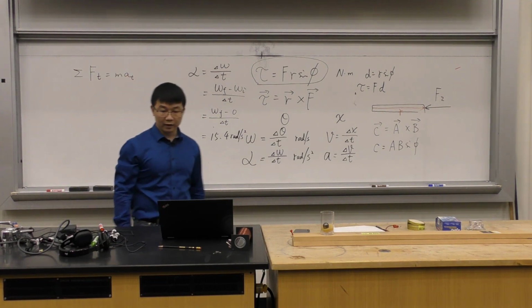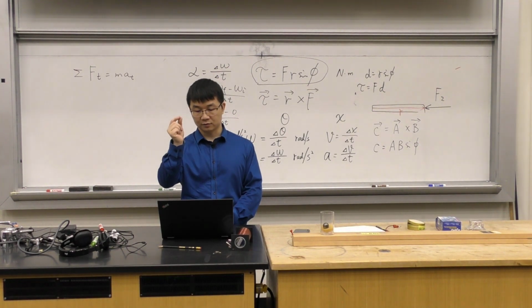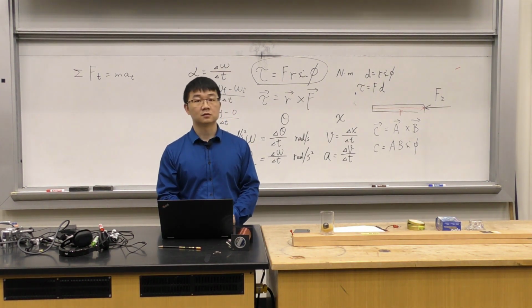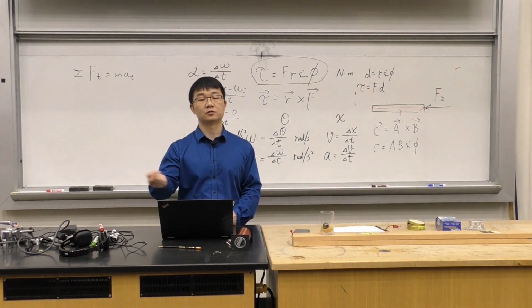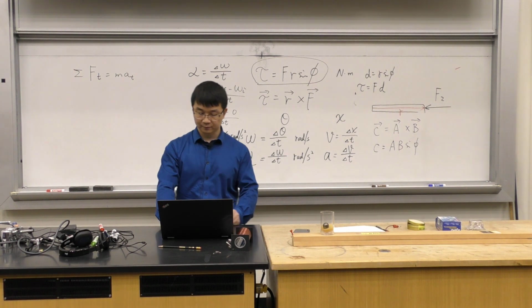For any rotating object, you pick a single point, any point you like. And then you apply Newton's second law in the tangential direction, not in the centrifugal direction, because we already know in the centrifugal direction, that's just centrifugal acceleration and centrifugal force, right?